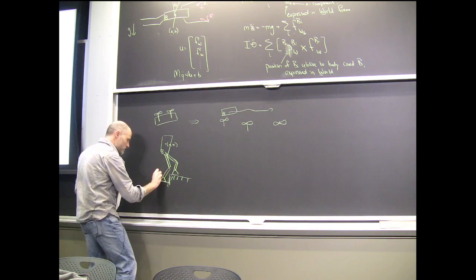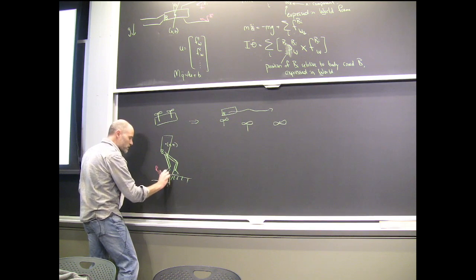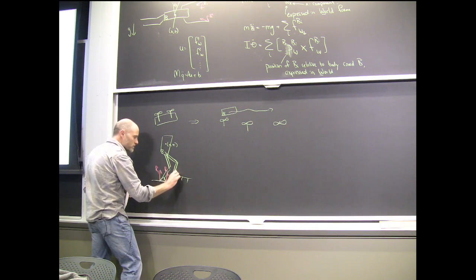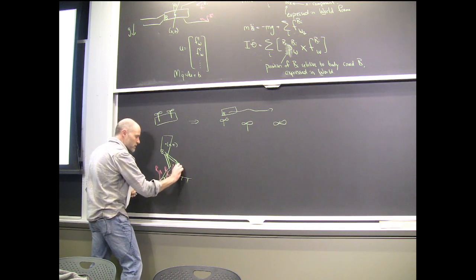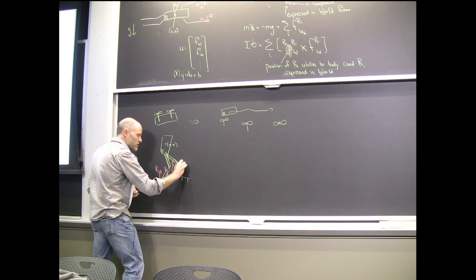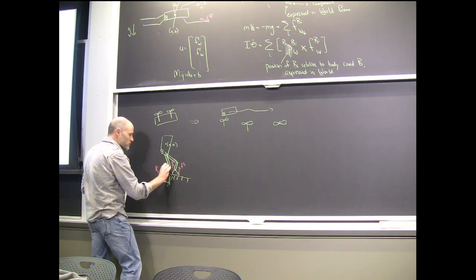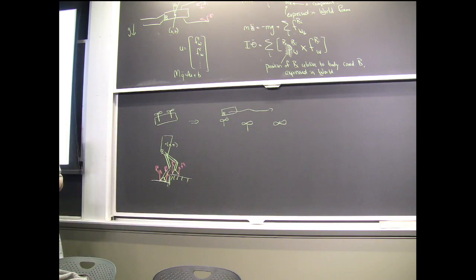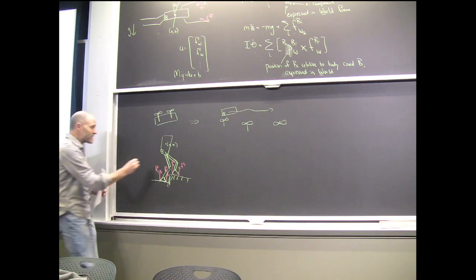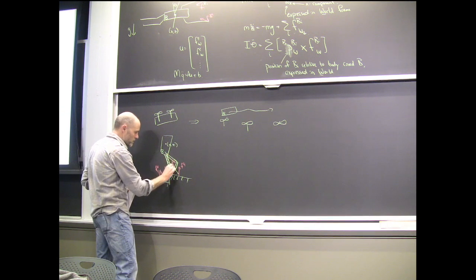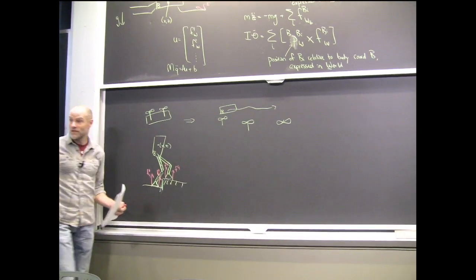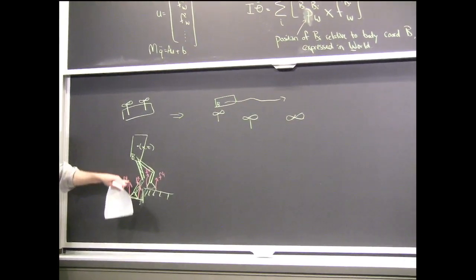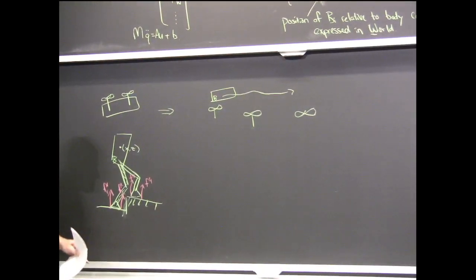And I've got force 1, force 2, for instance, force 3, force 4, I should use the superscript 2. Okay, it's the same, especially if the legs are massless, then it's exactly the same picture, right? I just get to put my foot somewhere, and I'm just trying to push and move around my body.